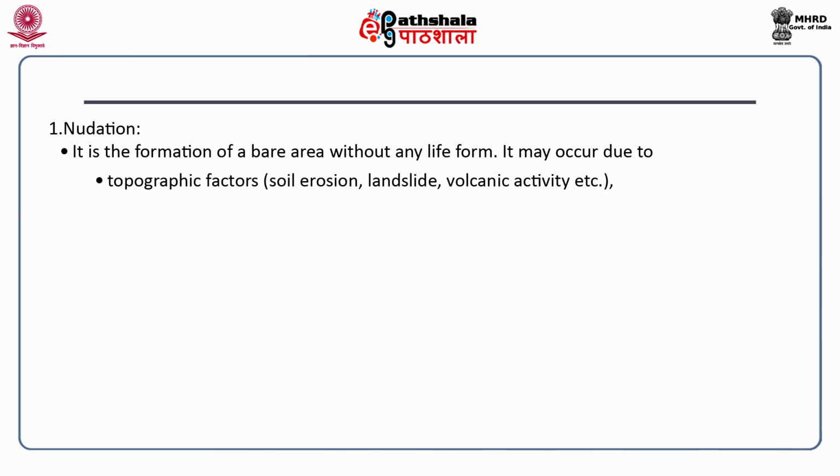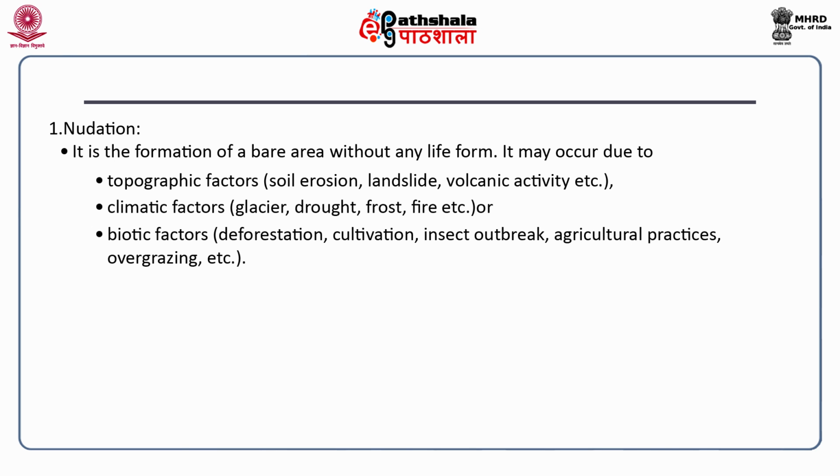It may occur due to topographic factors like soil erosion, landslide, volcanic activity, etc. Climatic factors like glacier, drought, frost, fire, etc. Or biotic factors like deforestation, cultivation, insect outbreak, agricultural practices, overgrazing, etc. Any of these factors may be responsible for nudation.